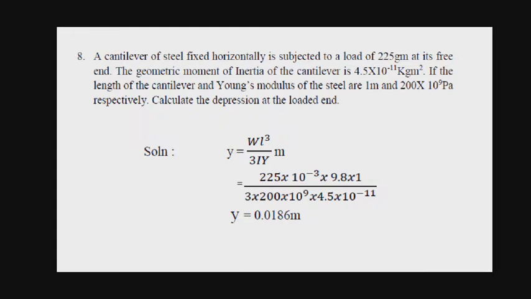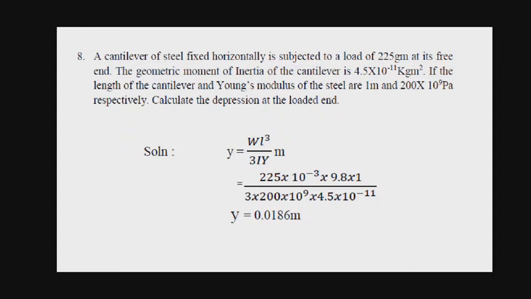Question number 8. A cantilever of steel fixed horizontally is subjected to a load of 225 gram at its free end. The geometrical moment of inertia of the cantilever is 4.5 into 10 to the power minus 11 kg meter square.